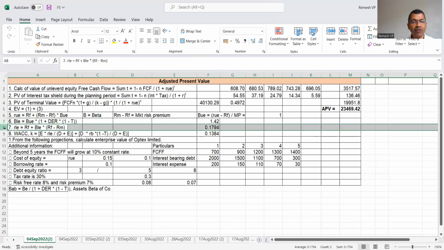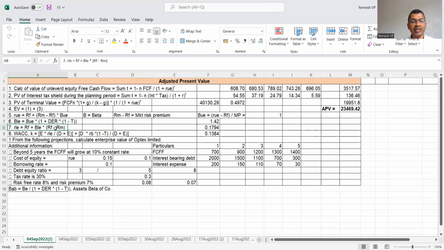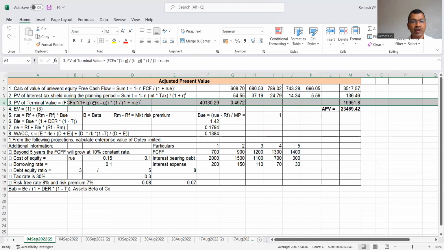Using that, now with this formula, we will find RLE, return on levered equity, which is equal to risk-free return rate plus levered equity beta and market risk premium with this formula. So we calculate all this as 0.1794. That is the K which will go into this terminal value formula.